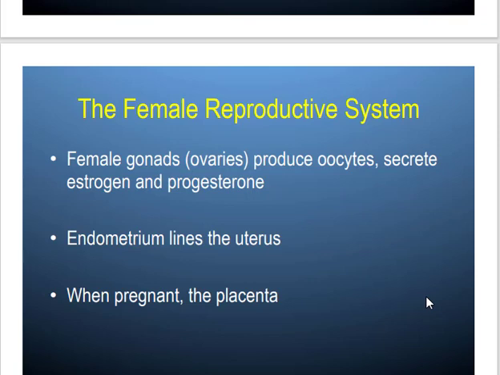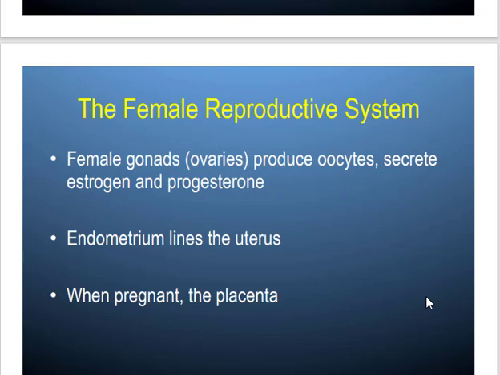The uterus will then protect that human, supply that human with nutrients and a warm, comforting environment. And it will also help to form a secondary thing called the placenta, which is necessary if a woman is pregnant and growing a new human inside of her.